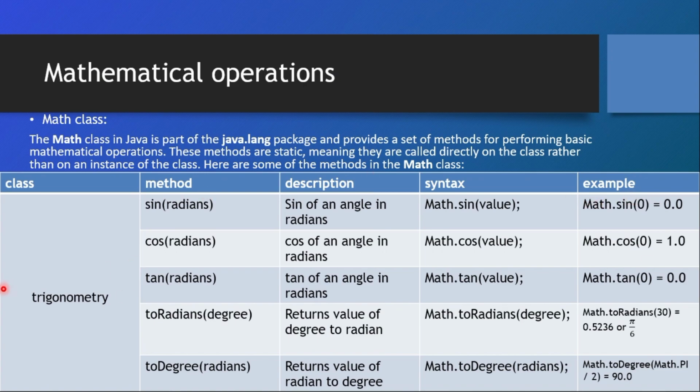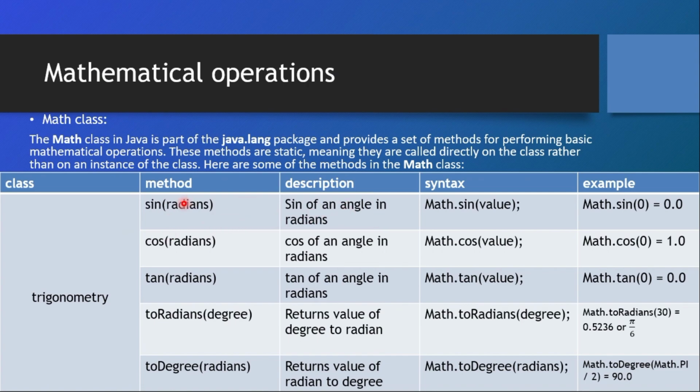So we have a trigonometry class in the math class itself, and we have the sine, and this gets a radian value. So whatever value you have in radians, you place it in the parentheses there, and the sine method executes that. And the description says the sine of an angle in radians.